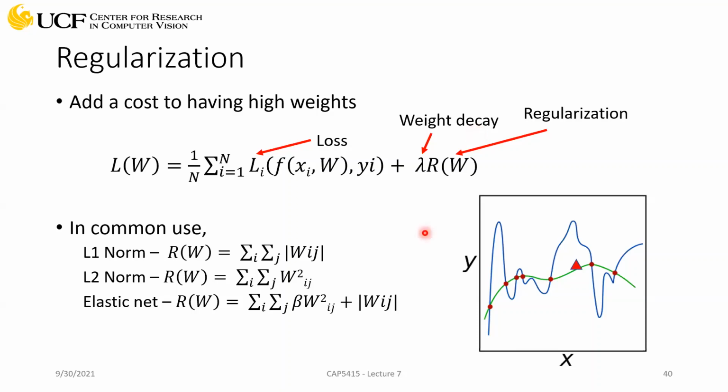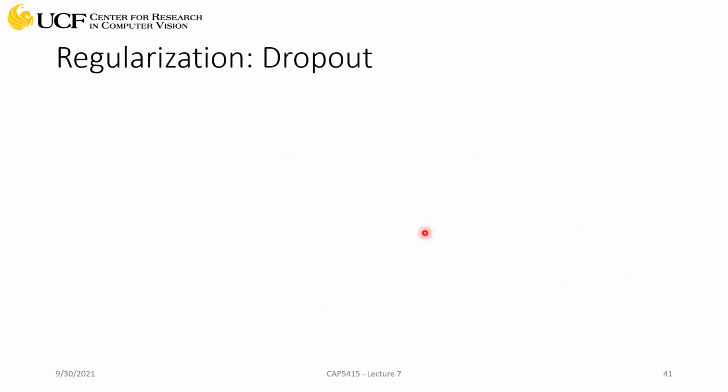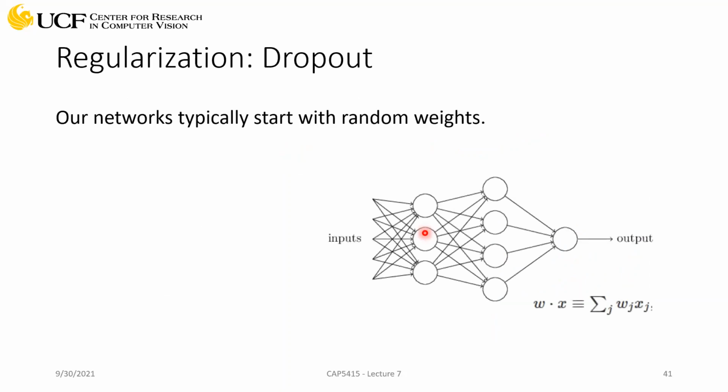So this is regularization, and the other way to regularize your network is to use dropout. This is again very interesting. You can actually use a lot of neurons in your layer, and in dropout, you randomly switch off some of the neurons during training. For example, if you have 4 neurons in this layer, you can stochastically turn off this neuron.